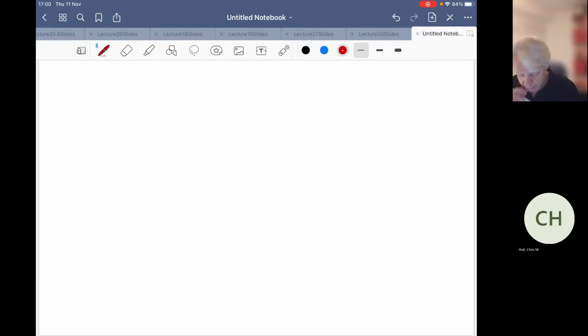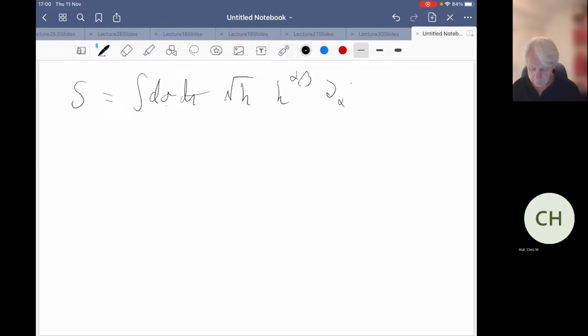In the worldsheet action, we have the integral over d sigma d tau. We introduce a metric on the worldsheet, and let's have indices alpha and beta running over two variables where alpha equals 0 corresponds to tau and alpha equals 1 corresponds to sigma. So we get grad alpha x mu grad beta x nu, which is the basic action.